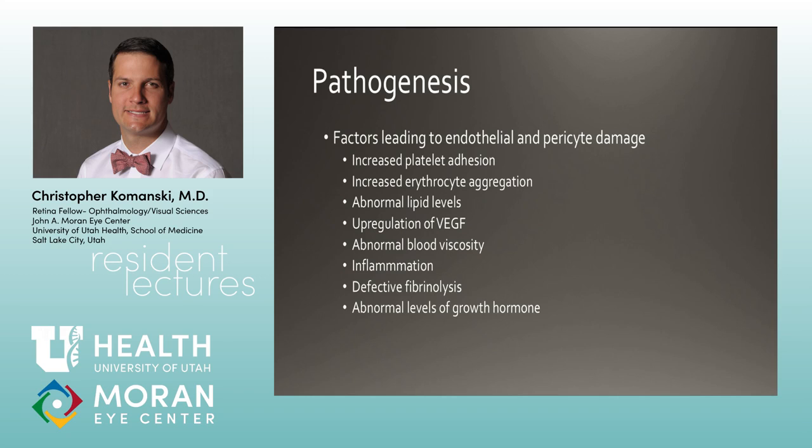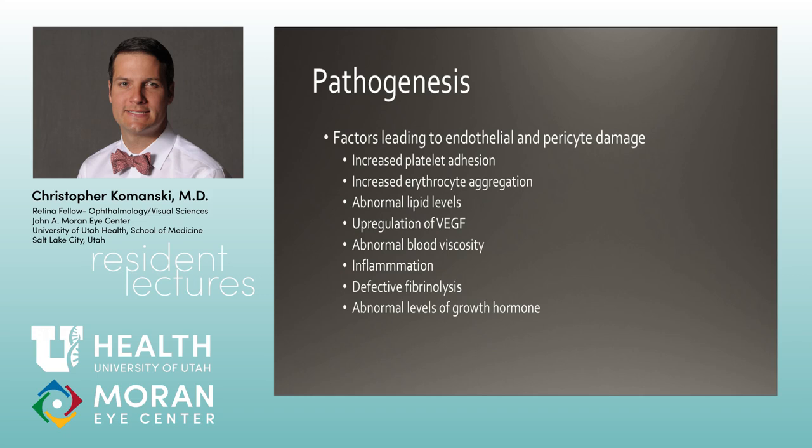This leads to an increased platelet adhesion, increased erythrocyte aggregation, abnormal lipid levels, upregulation of VEGF, general abnormal viscosity of the blood, inflammation, defective clot breakdown, and then abnormal levels of growth hormone.